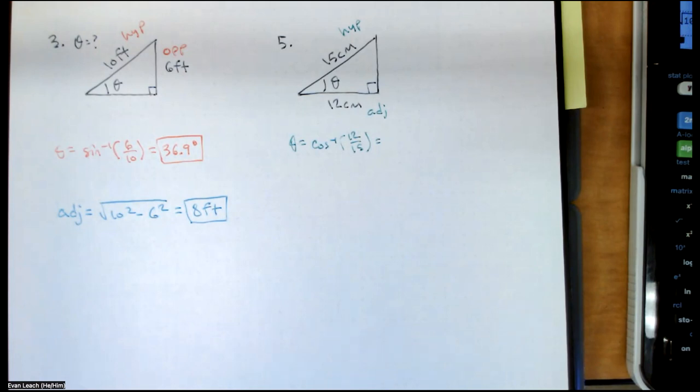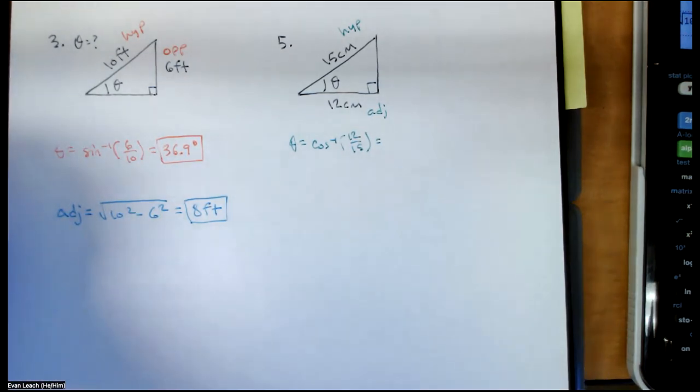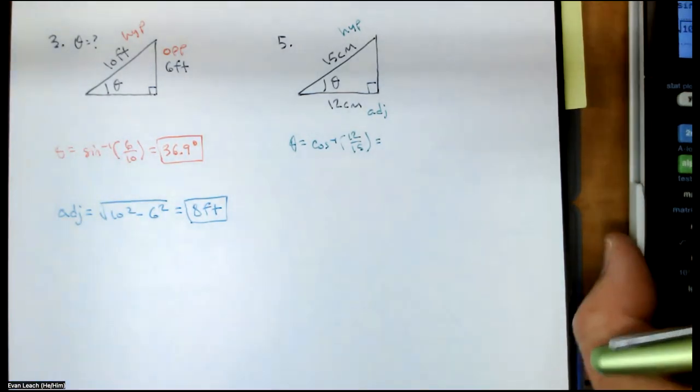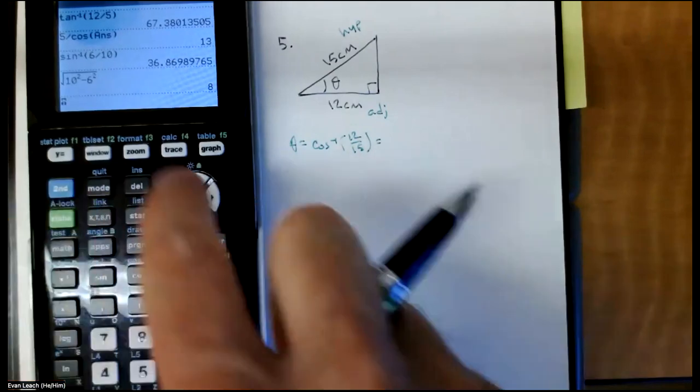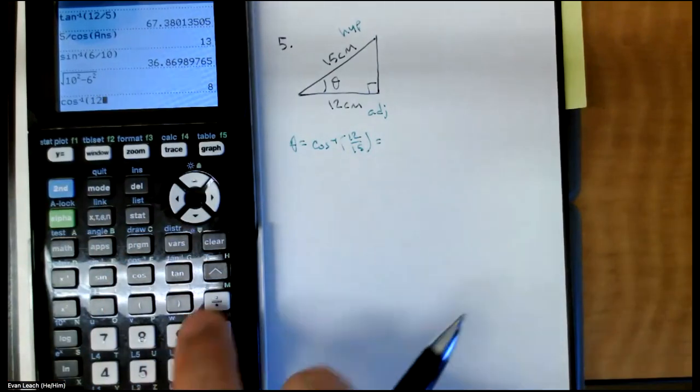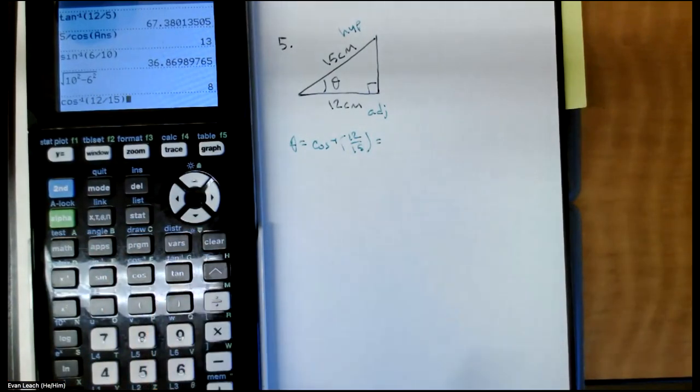Same thing happens over in 5. Same kind of decisions we're making over in 5. I'm looking for theta. I have the adjacent side and the hypotenuse. That tells us that we should use cosine. So we're going to do cosine inverse since we're looking for an angle. I need the cosine inverse of 12 over 15.